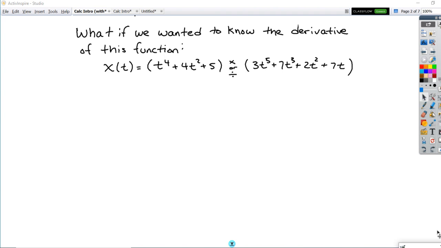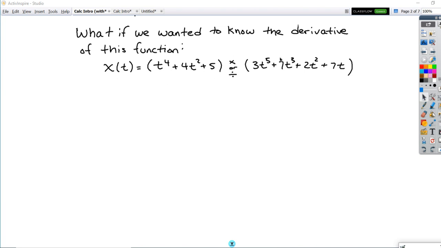Okay, we're going to address 2 other rules for derivatives, which will help us to answer this question. How would we find the derivative of either of these two functions? The way I want you to look at this is I have these two terms, these two polynomials.